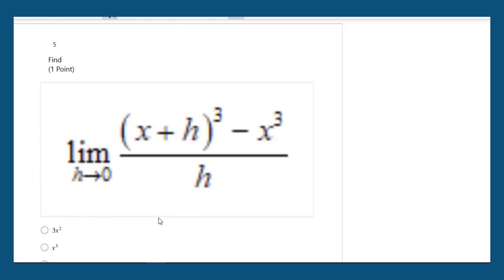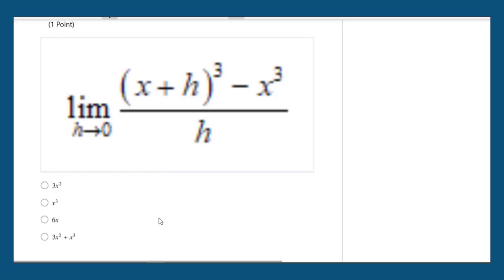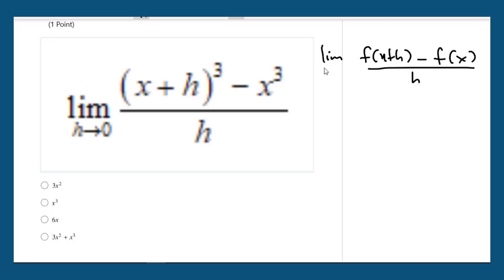Okay, number 5. Number 5 is given in terms of first principle. So for first principle, the limit of f(x plus h) minus f(x) over h as h approaches 0. This is f(x).